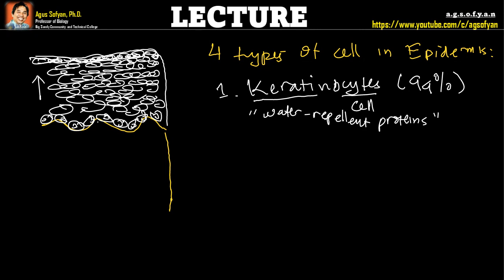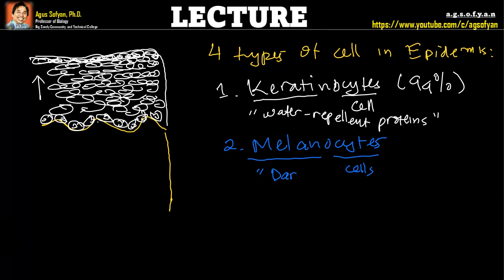The second type of cells in the epidermis is called melanocyte. Okay, remember again, cyte means cell, and melano is actually melanin. Melanin is a dark skin pigment.